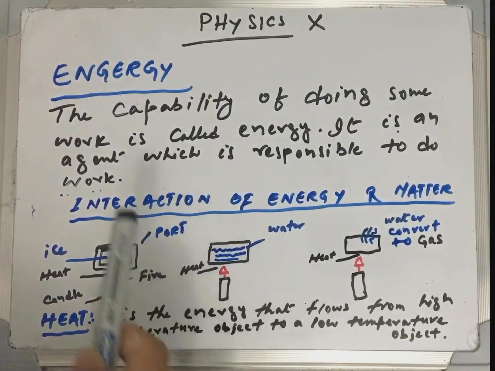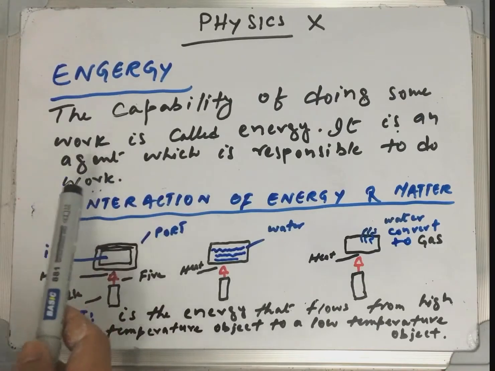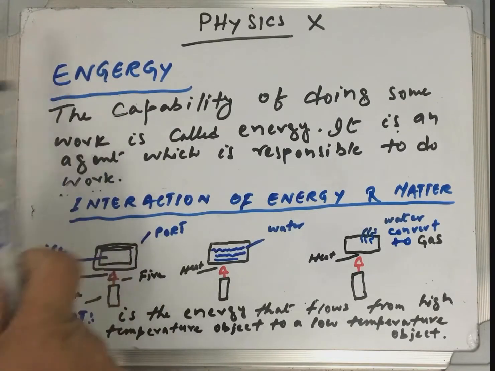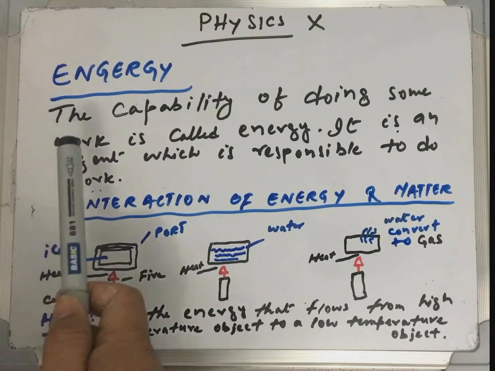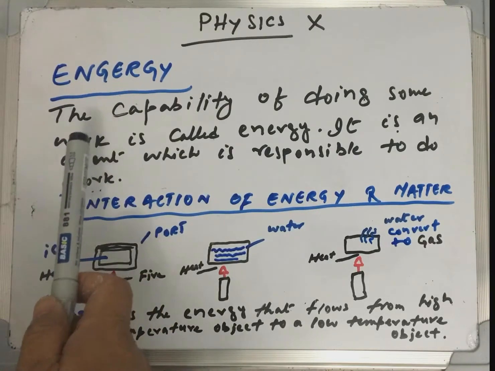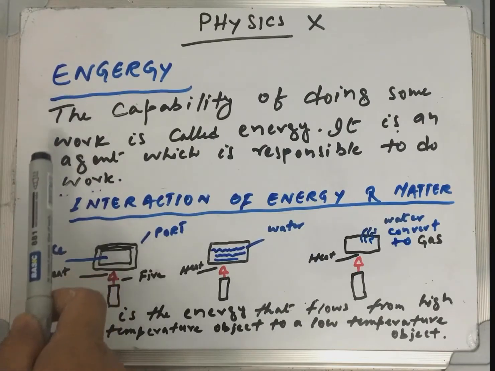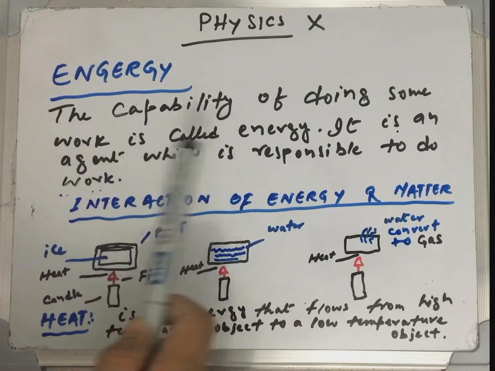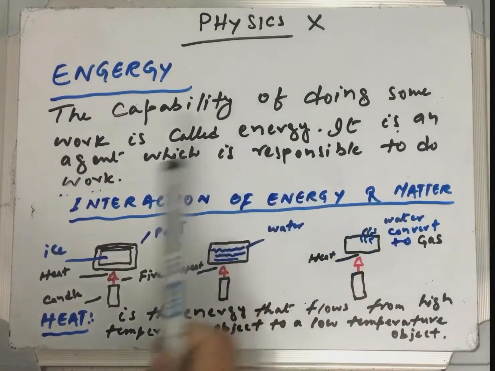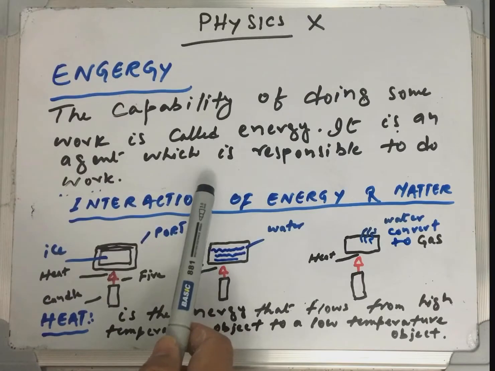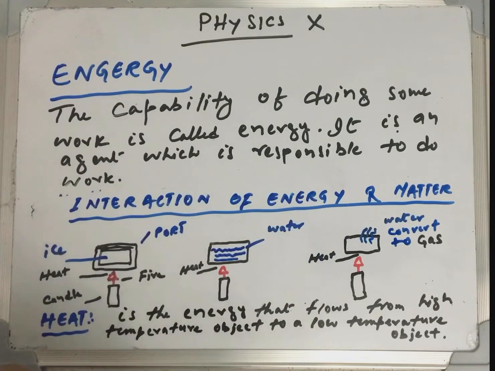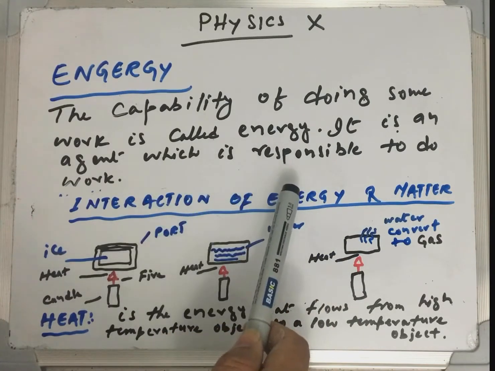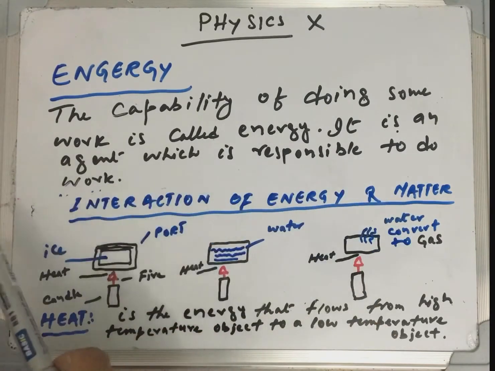As we discussed in the definition of physics, there was a word energy. So what is energy? Energy means the capability of doing some work. It is the agent which is responsible to do work.